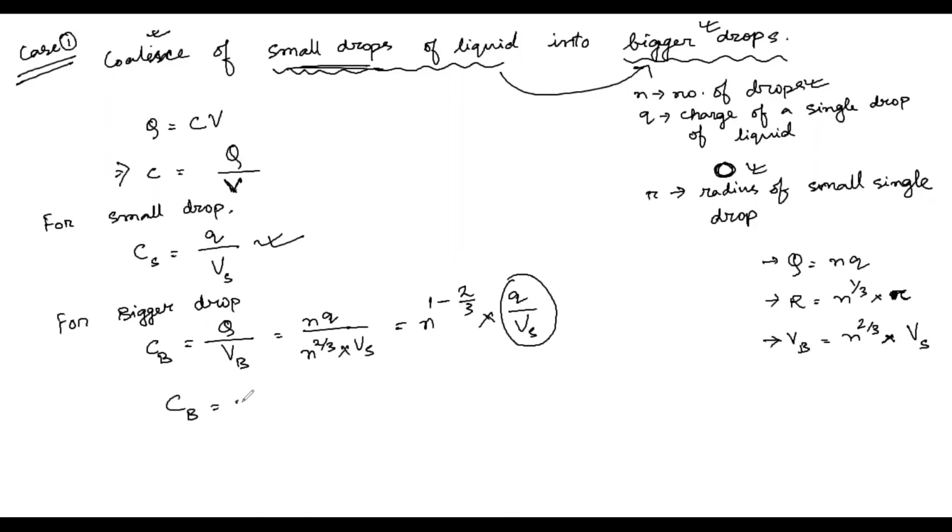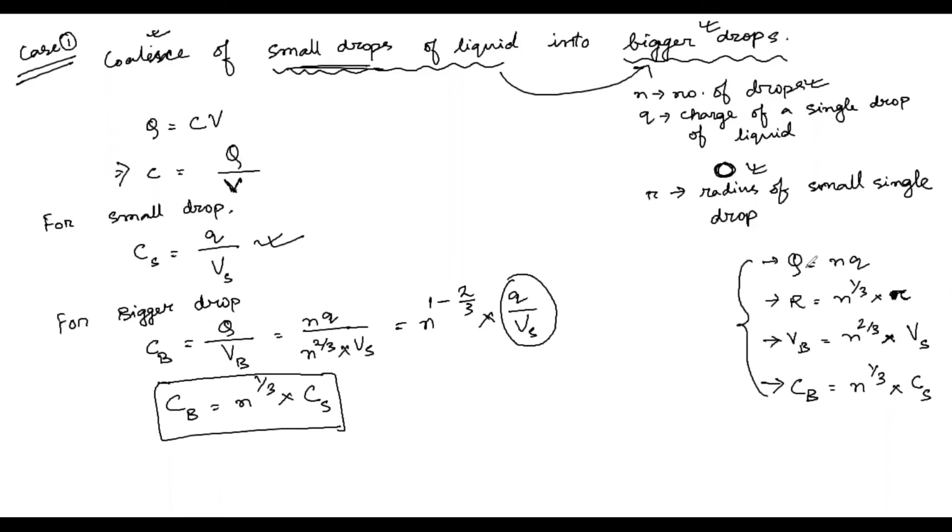So when we solve it, we get something to the power 1 by 3 times the capacitance of the smaller drop. This is our final expression. C suffix B is nothing but n to the power 1 by 3 times C suffix s. So these are the few final expressions which will help you to solve such questions.